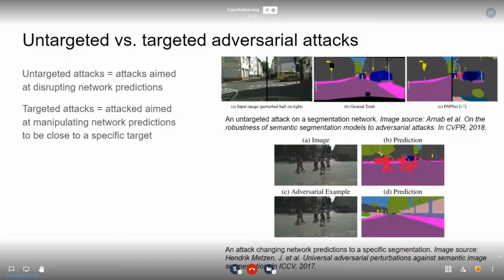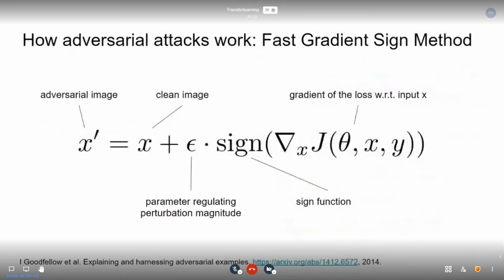Now I would like to talk a bit about how adversarial attacks work. Here on the slide is an equation that corresponds to one of the simplest adversarial attack methods. It's also the method that was probably the first to be introduced for deep networks. It's called the fast gradient sign method, or FGSM. How we compute the adversarial image is basically to the clean image we add adversarial noise, which is modulated by a parameter that regulates the magnitude of this noise.